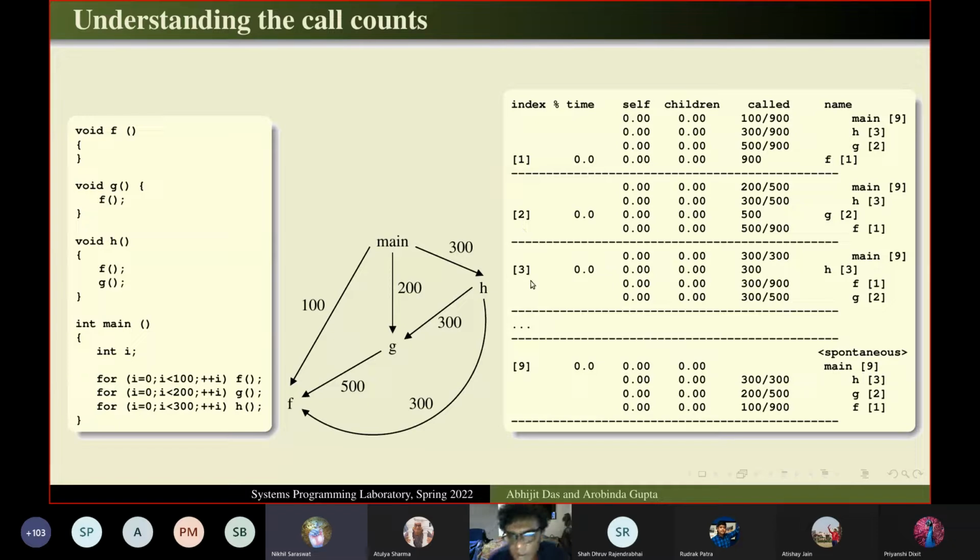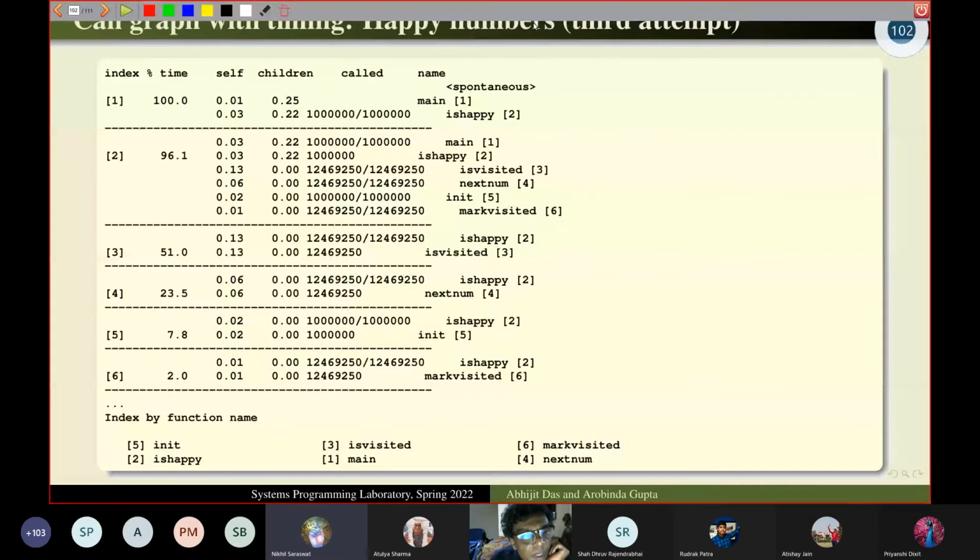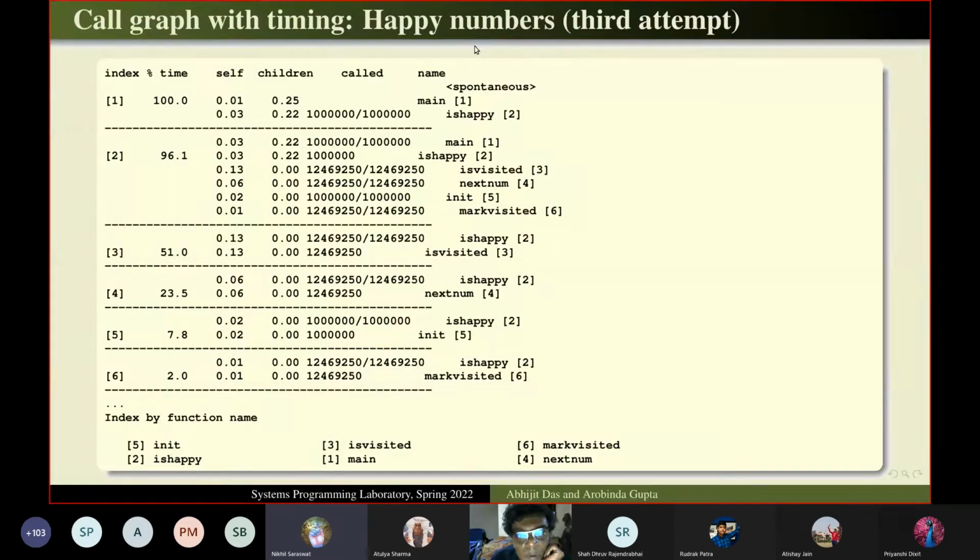So let us look at this. Next one. So this is the happy numbers third attempt. Once again, you see that this is, I think, percent time this time. It's something like percent time in the function plus the called functions.